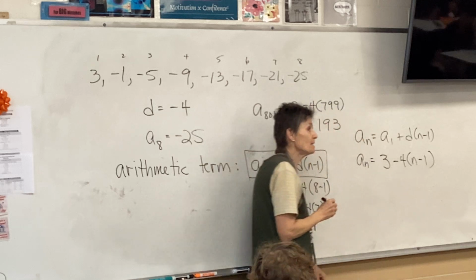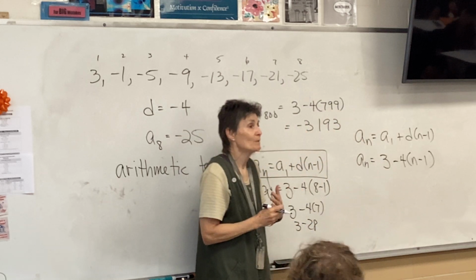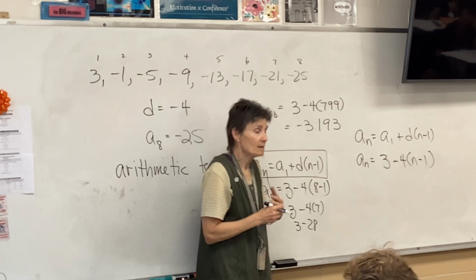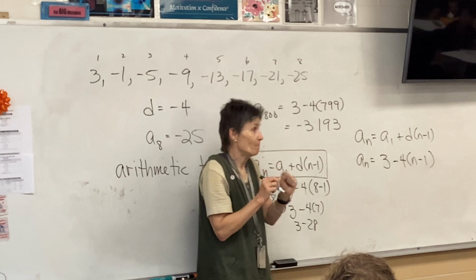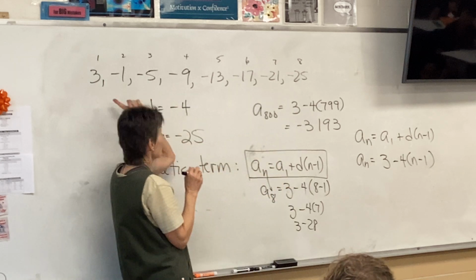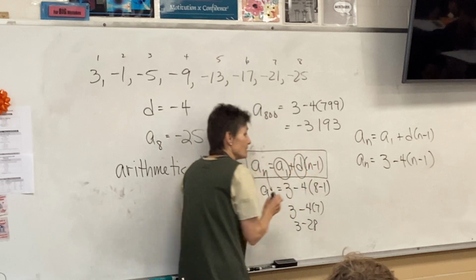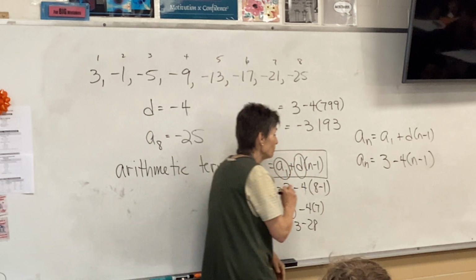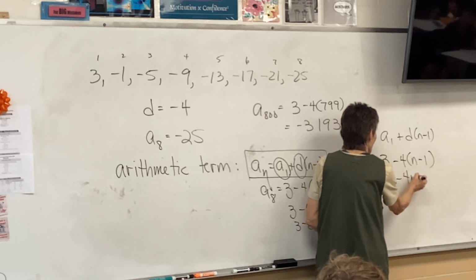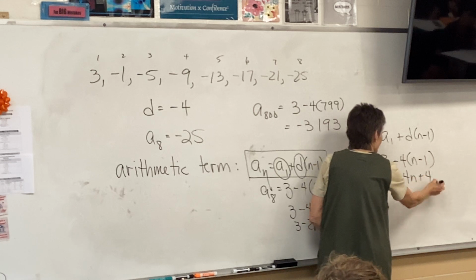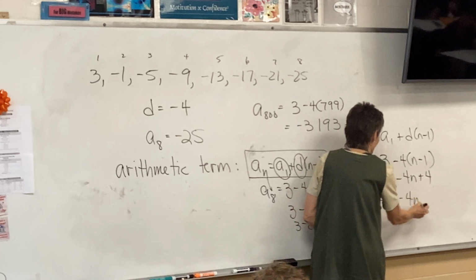So to find your explicit formula, what we call the explicit formula, you just plug in the basics of your sequence. The basics are the first term and the common difference. And then you simplify. So 3 minus 4n plus 4, distributing. So 7 minus 4n.